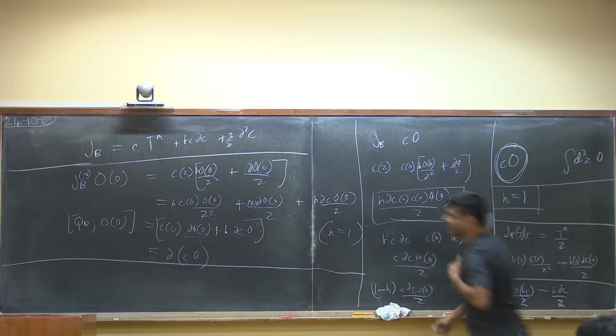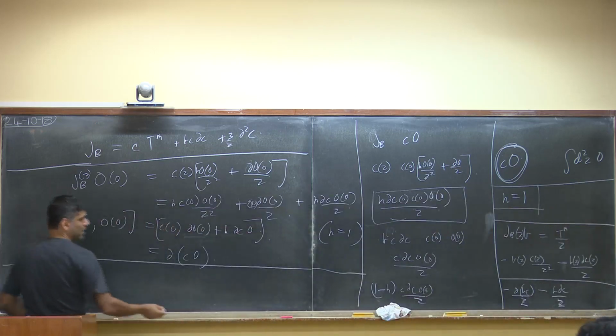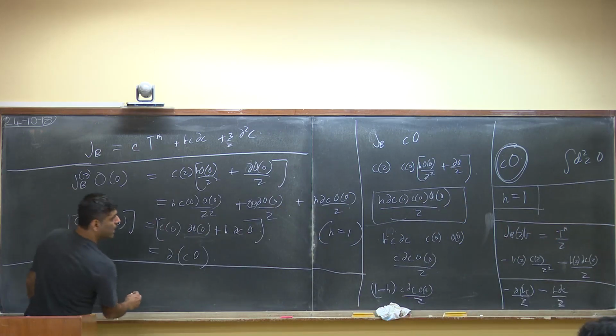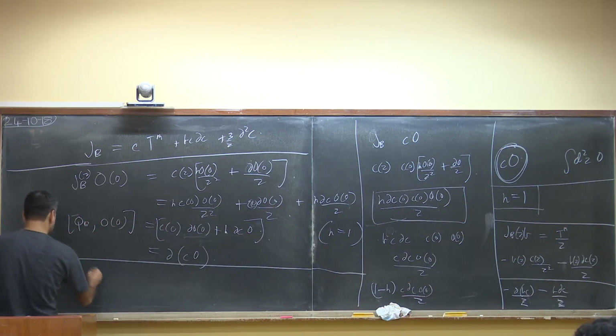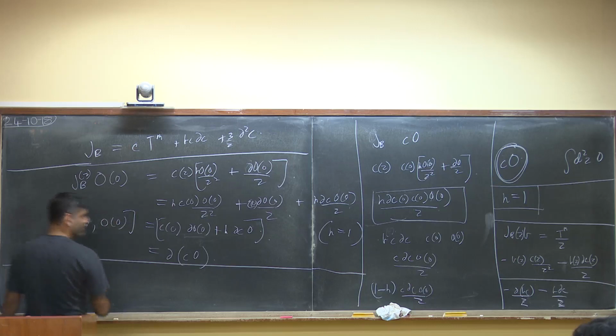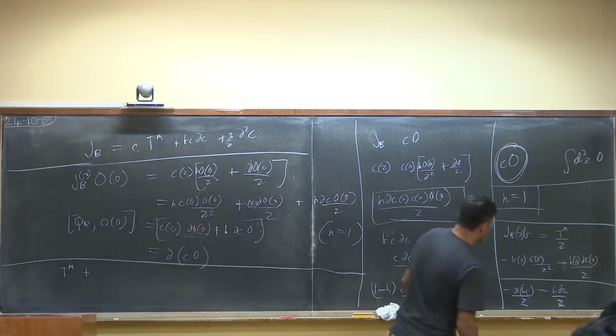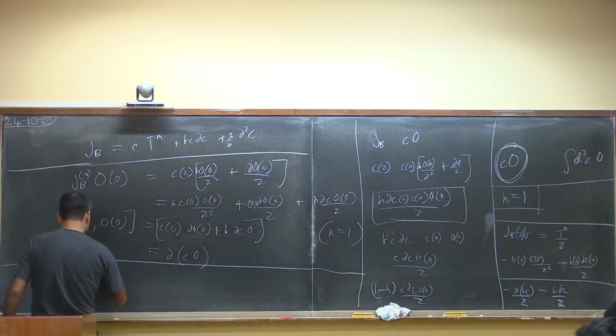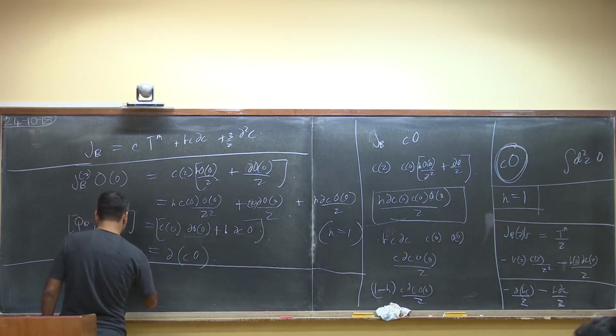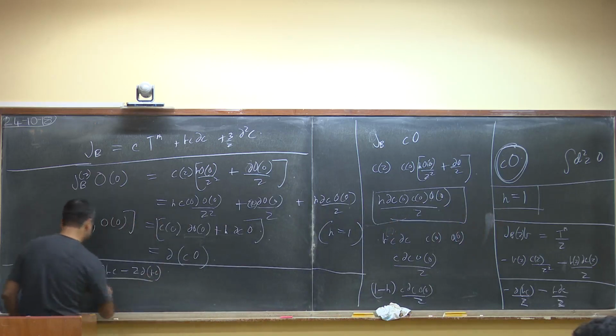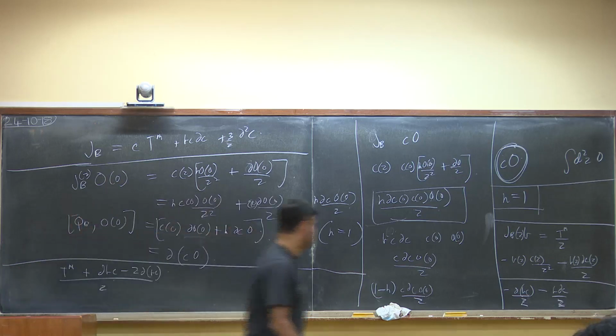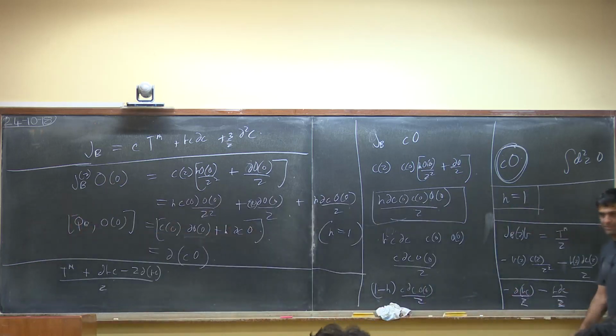Okay, and so we'll write this as Tm plus, I'm going to write it as del BC minus 2 del of BC, the whole by Z. I'm just adding and subtracting a del of BC.